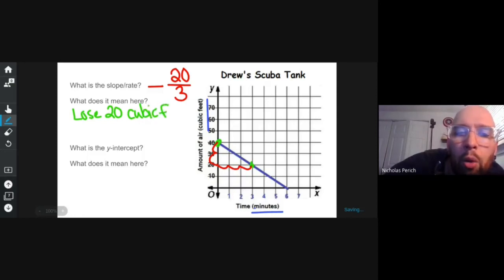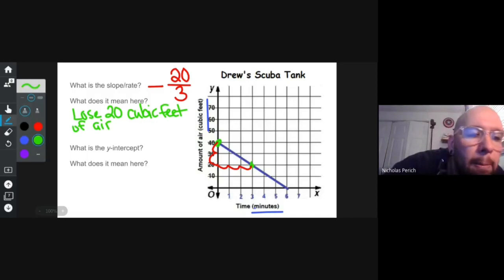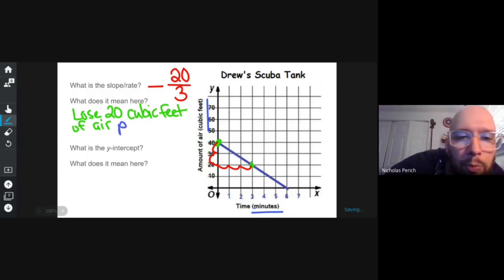I lose 20 cubic feet of air. Okay, so negative 20 per 3 means I lose or I decrease 20 cubic feet per. That's what the line means. And 3 has to do with minutes.